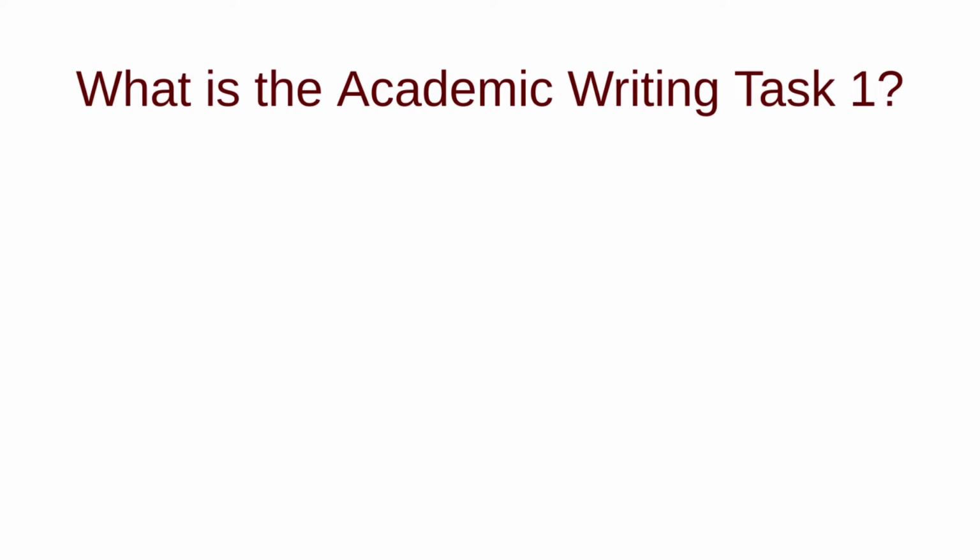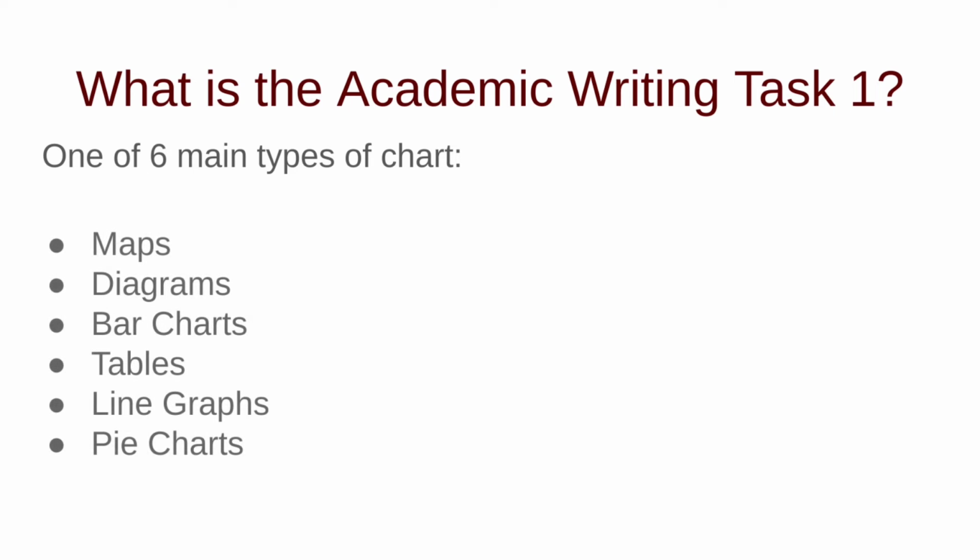So firstly, what is the Academic Writing Task 1? You will be asked to describe the data contained in one of 6 main types of chart. The types of chart are maps, diagrams, bar charts, tables, line graphs, and pie charts.